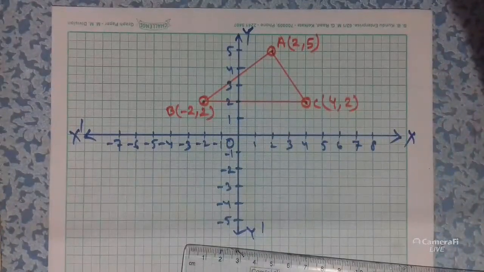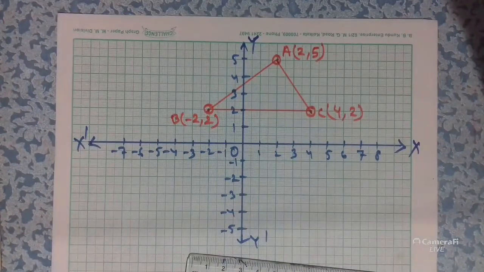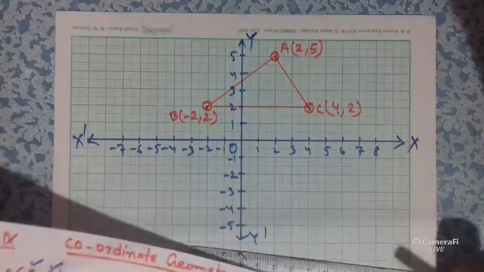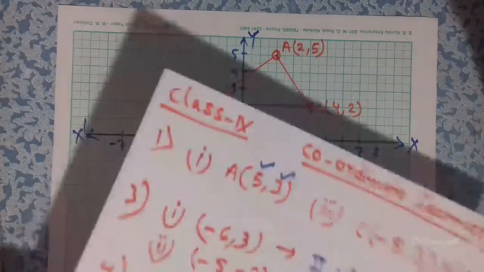So we found one triangle ABC. Now we have to find the area of triangle ABC. Now we have to calculate the area of triangle ABC.